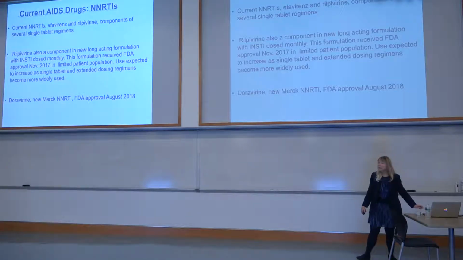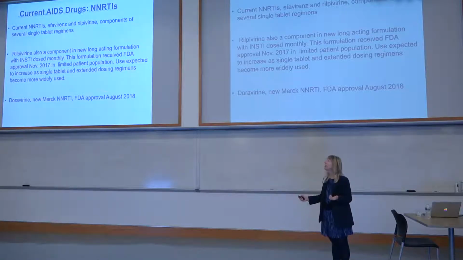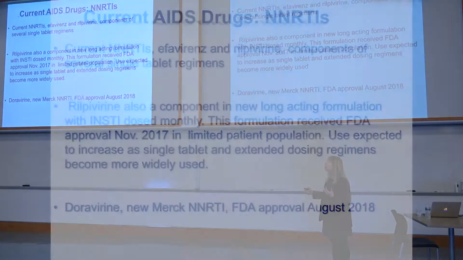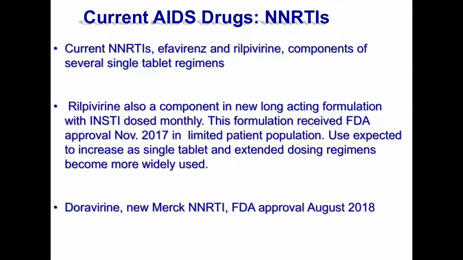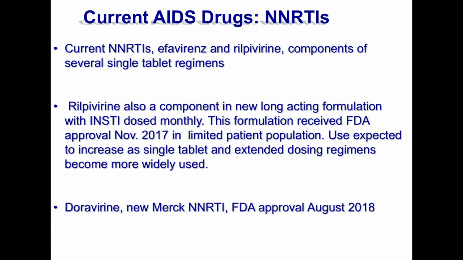And so this is just some of the current landscape that we have for the NNRTI drugs here. The current NNRTI drugs, such as efavirenz and rilpivirine, are really components of these single tablet regimens that patients take daily. And rilpivirine has also been one of the agents that's been developed very recently into a long-acting formulation that was approved just a couple of years ago.